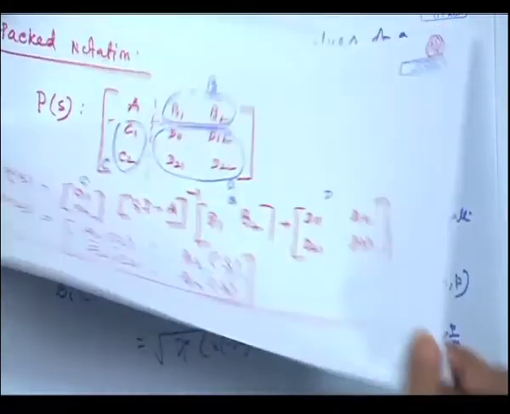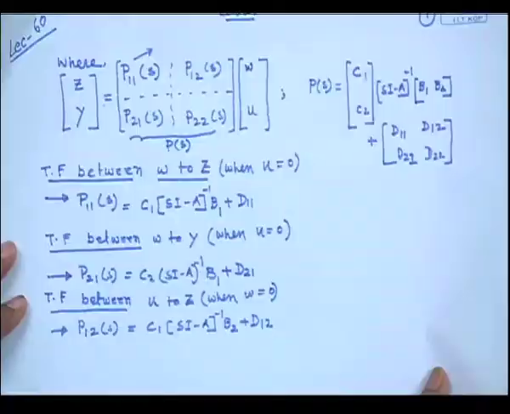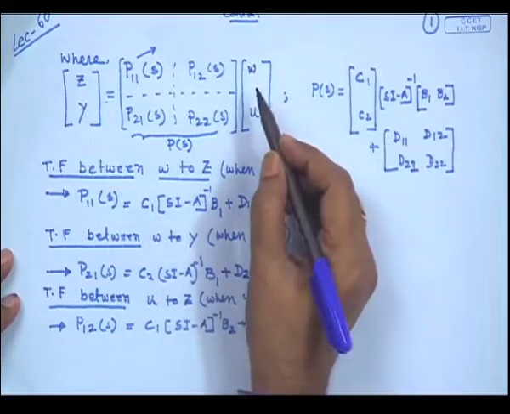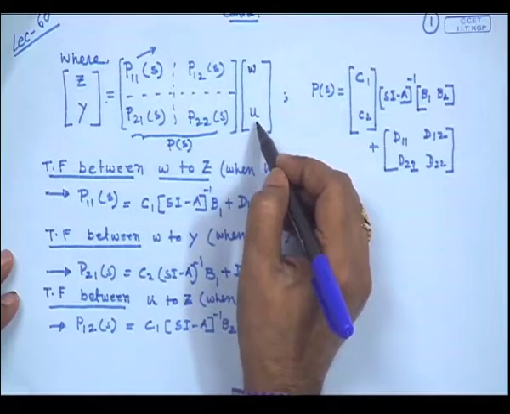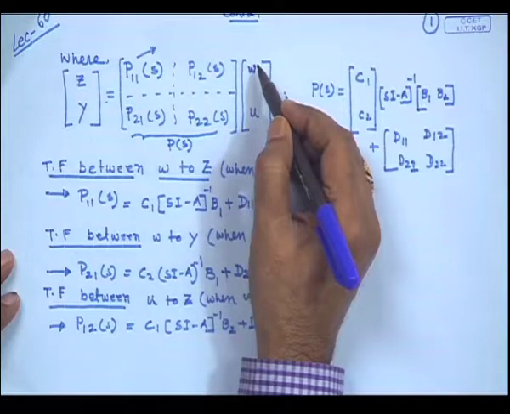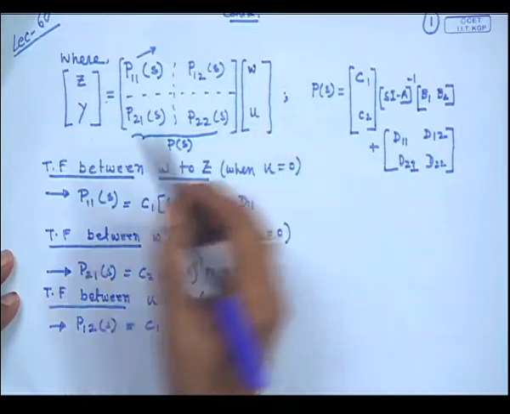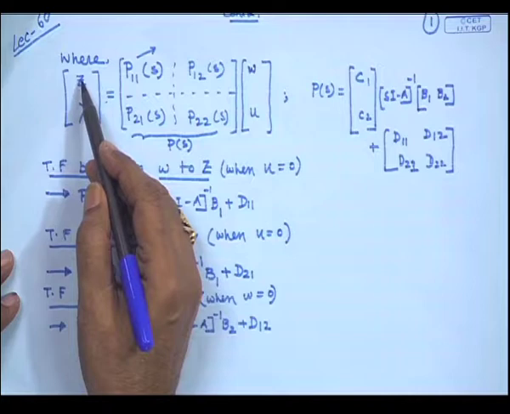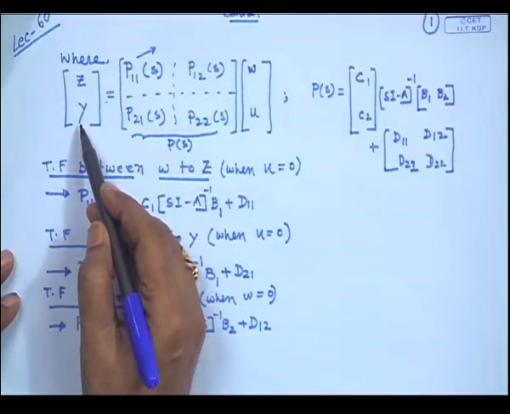Now, you see these 4 blocks. What are the inputs? W and U. W is the exogenous input and U is the control input, Z is the regulated output, and Y is the measured output.